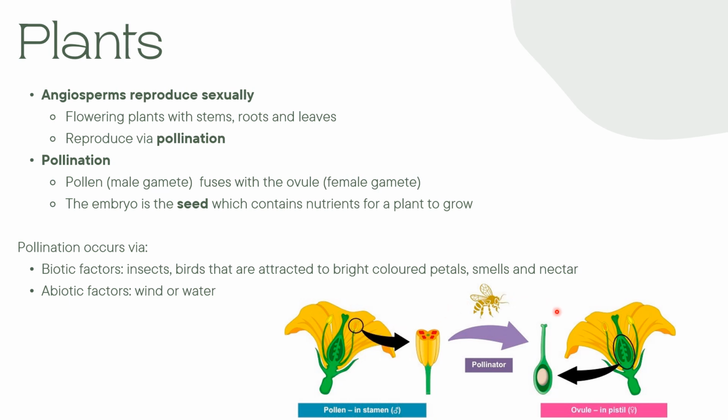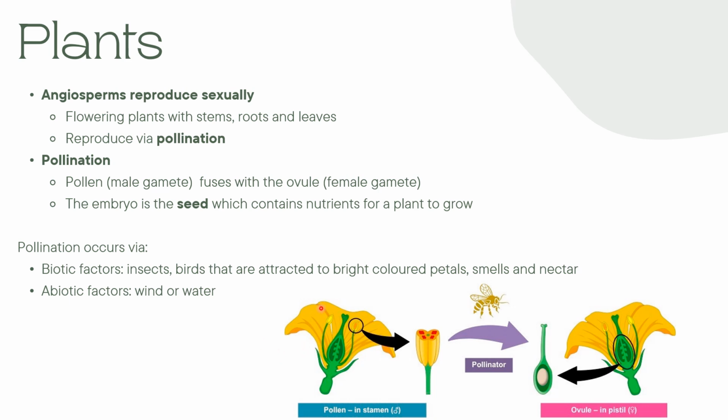That is then taken to another plant, which has different chromosomes, and it fertilizes the ovule, which is inside this female part of the plant called the pistil, and we have a fertilized embryo, which we call a seed, and that seed can then grow into a mature plant.